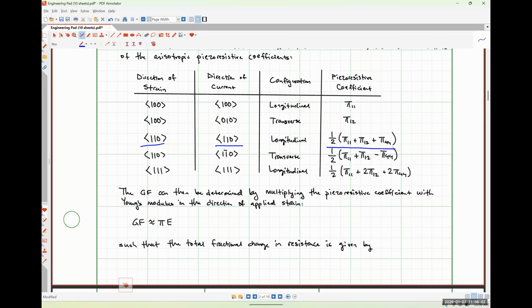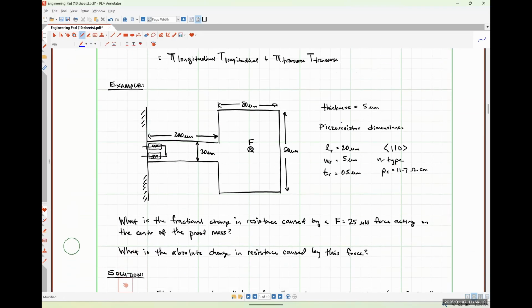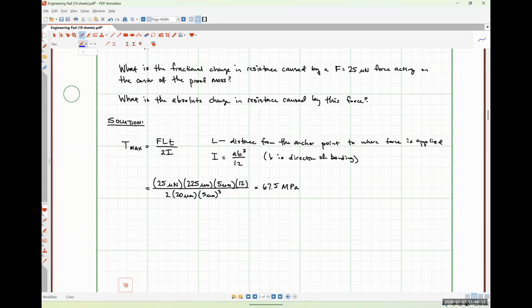So this is the piezoresistive coefficient that we should be using: 1/2 (pi 11 plus pi 12 plus pi 44). So pi L, or pi longitudinal in this case, is 1/2 (pi 11 plus pi 12 plus pi 44).